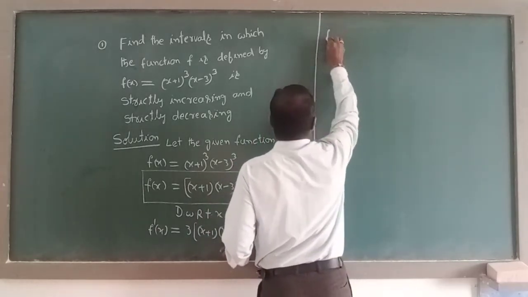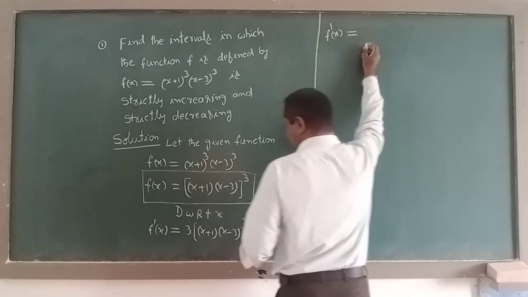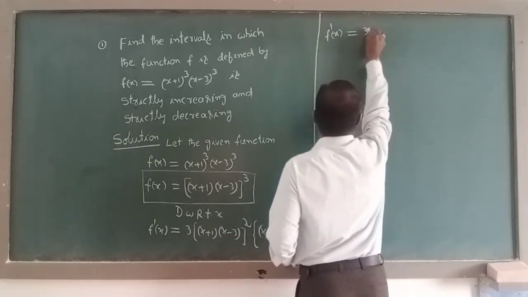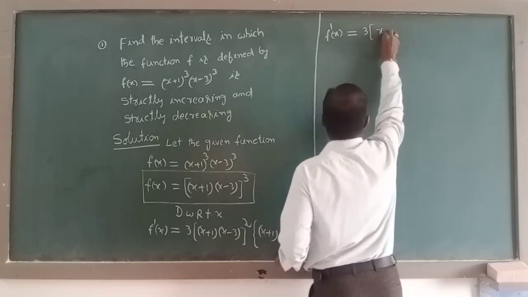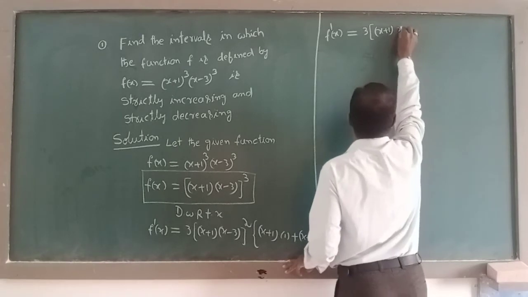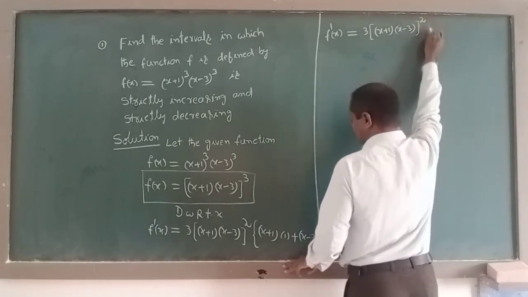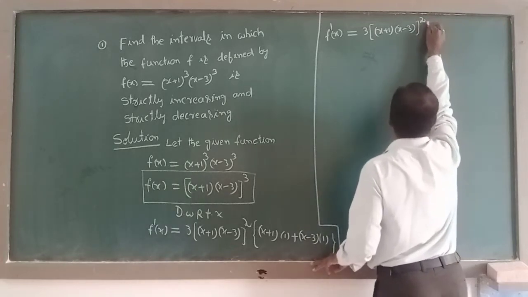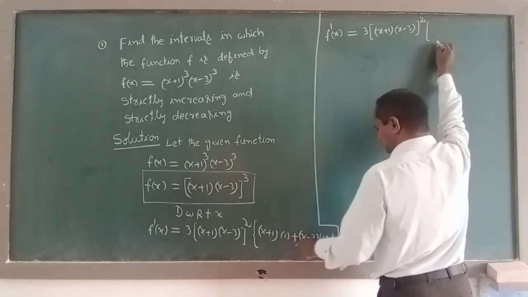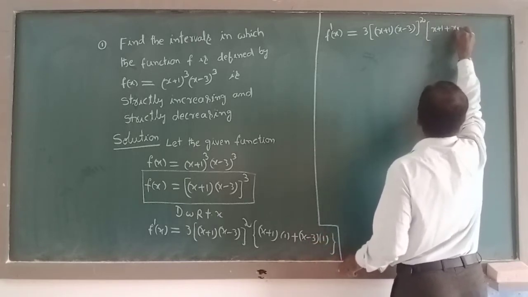F dash of x is equal to 3 into (x plus 1) whole square into (x minus 3) whole square into [(x plus 1) plus (x minus 3)].